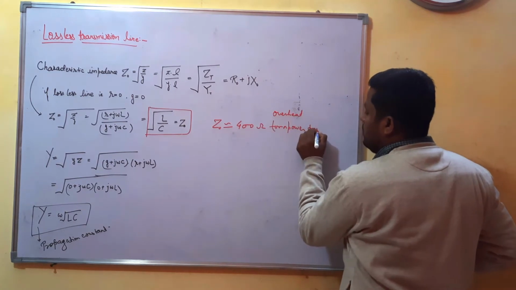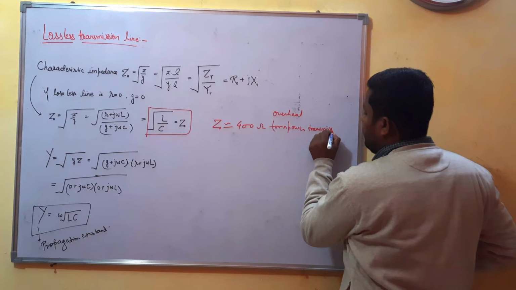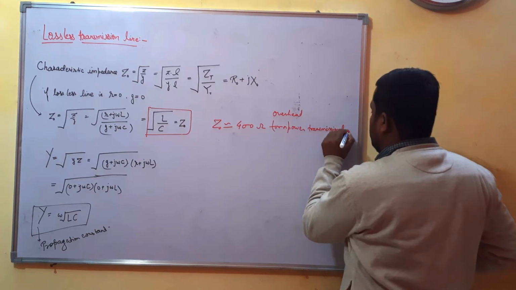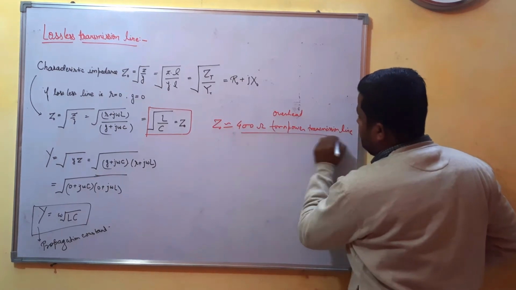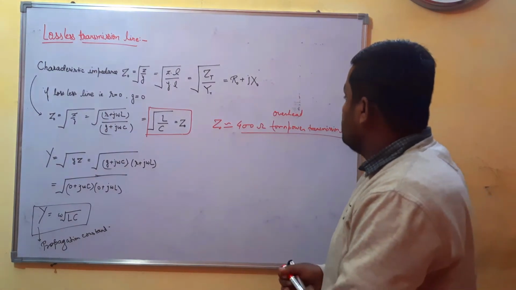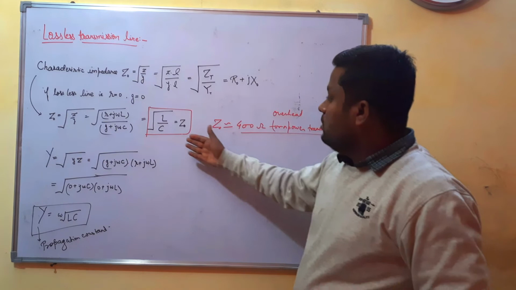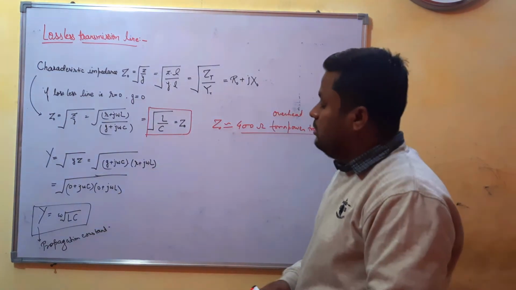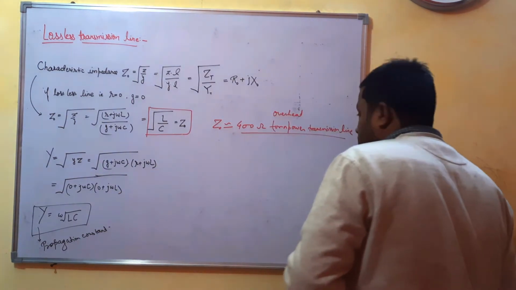So this is all about the characteristic impedance and propagation constant of a lossless line.